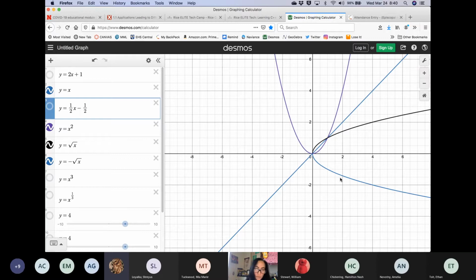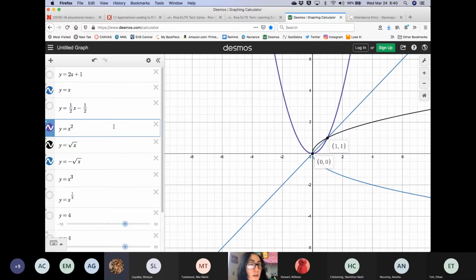Again, you have to pay attention to the plus or minus, right, when solving for x, or solving for y when we interchange the domain and range. And the only points that are fixed points are points that actually fall on the line y equal x. Because if you were to interchange the x and the y values, they'd be the same. So those 2 points are your fixed points.